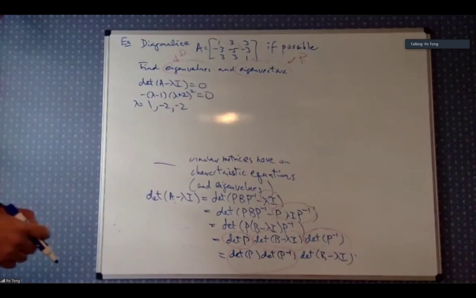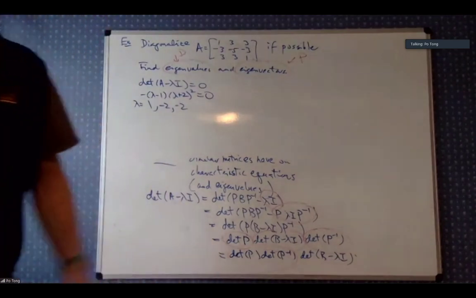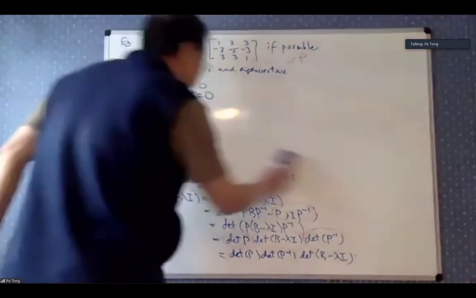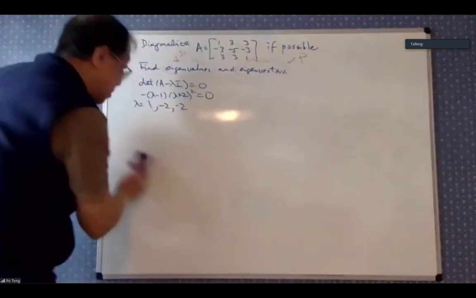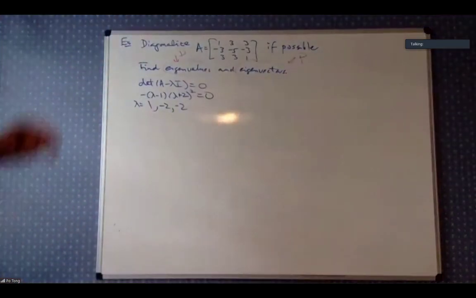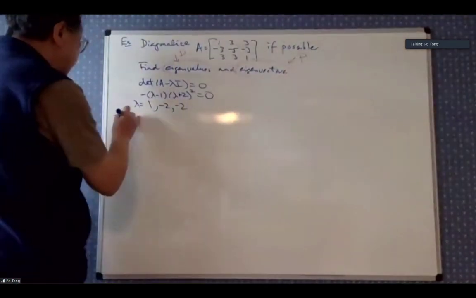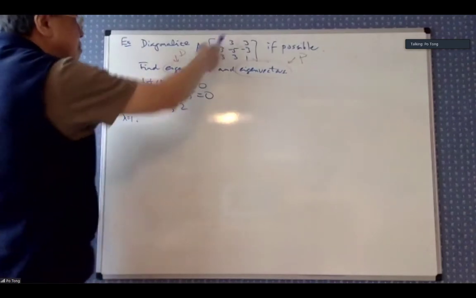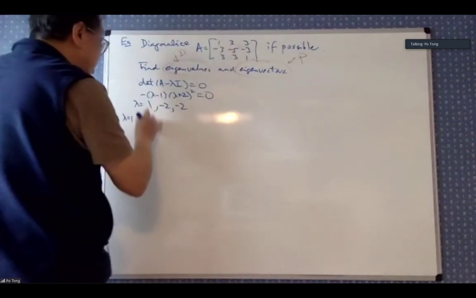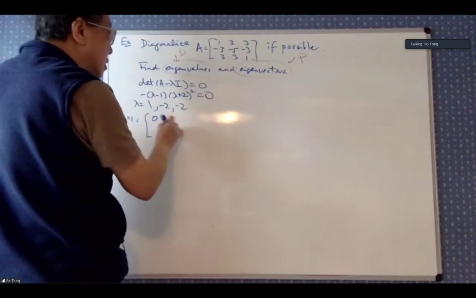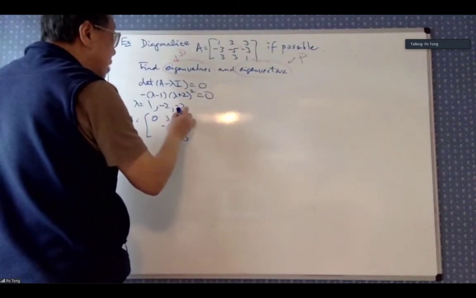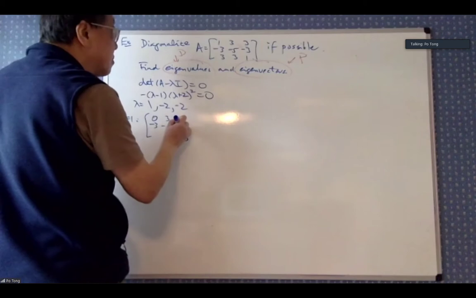So let's do lambda equal to 1. What happened? Subtract 1 from all the diagonal entries, you have 0, minus 6, 0. Let me know if I mess up.